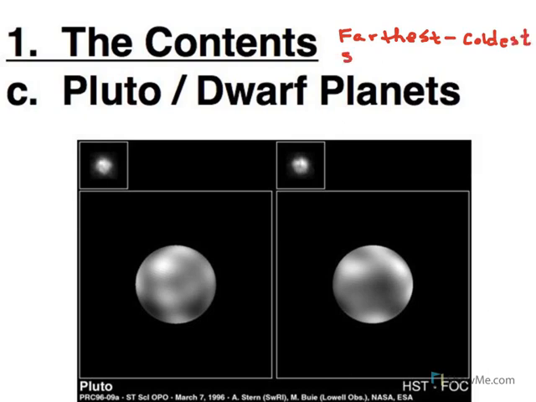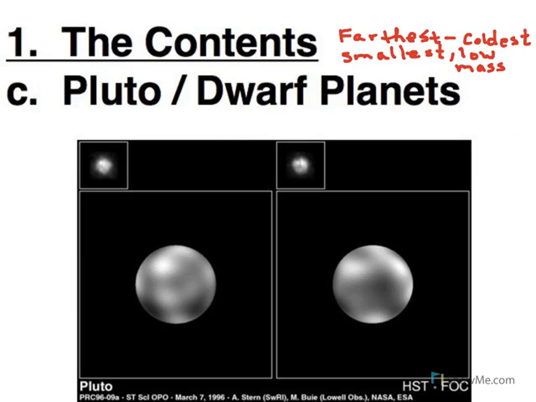It is very much the smallest. If you compared Pluto to the United States, Pluto is smaller than the United States. It's got very low mass, very low gravity. So it is one that just doesn't quite fit in to that category.